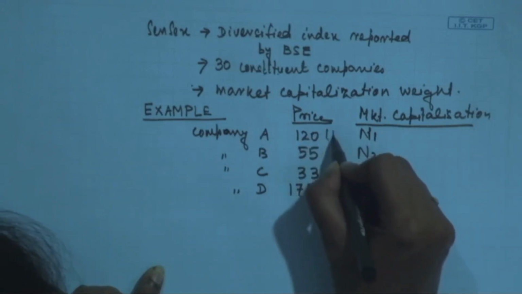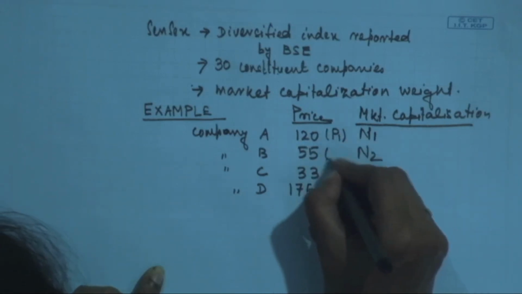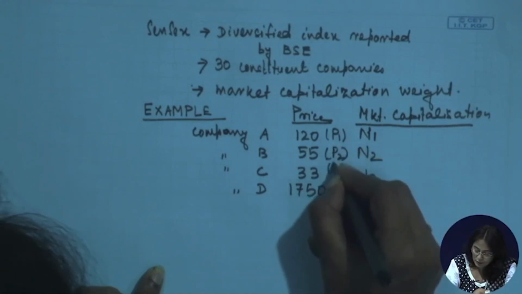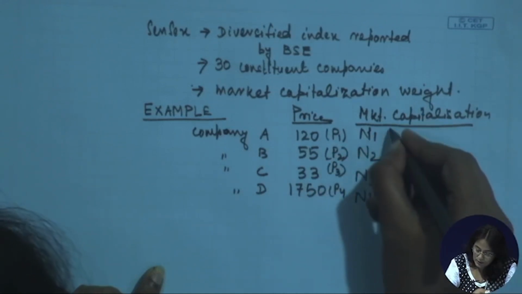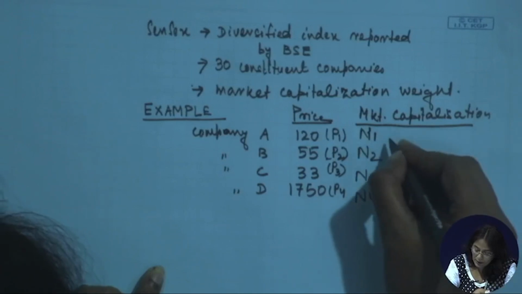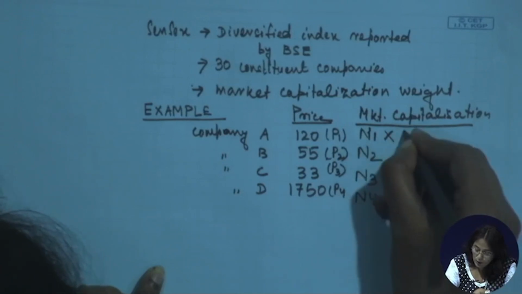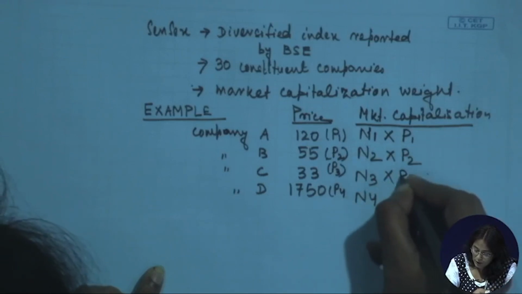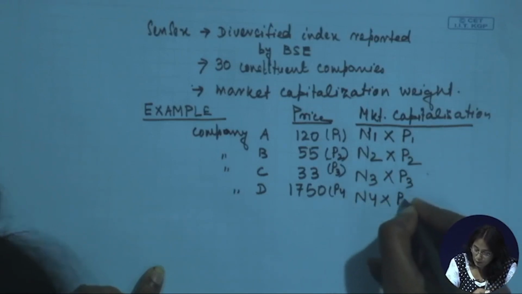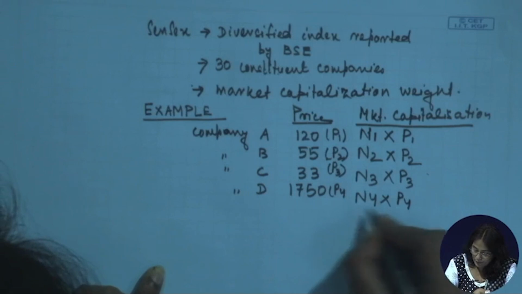Let me make the prices P1, P2, P3 and P4. So you have the number of shares, and market capitalization will be N1 into P1, N2 into P2, N3 into P3 and N4 into P4.